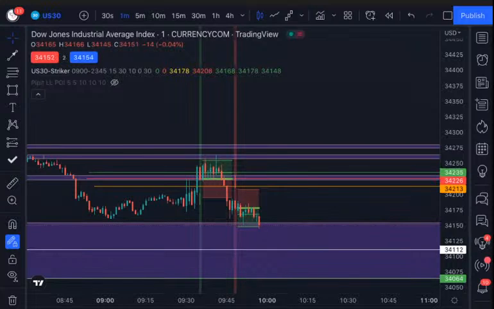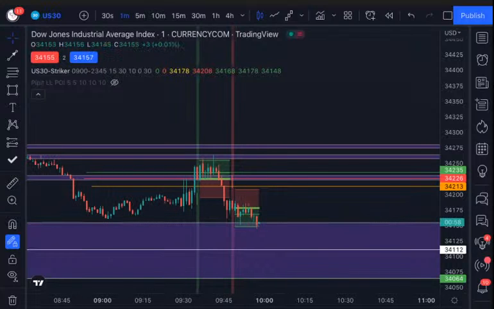It's still finding some type of resistance. I would say it's probably some divergence right there.